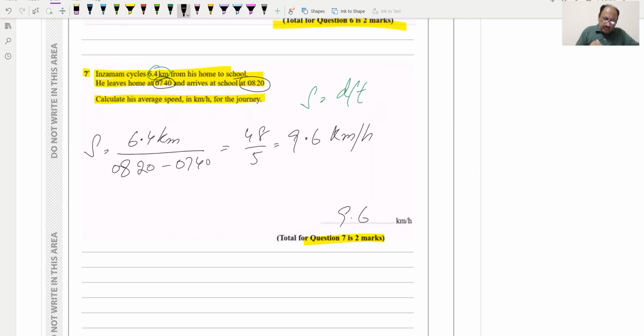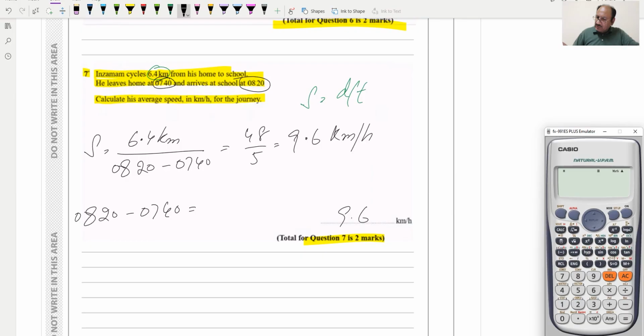Now what we can do, we can show this time conversion into numbers. How we can show this? So we can write here 0820 minus 0740 will be equal to time, just time conversion.